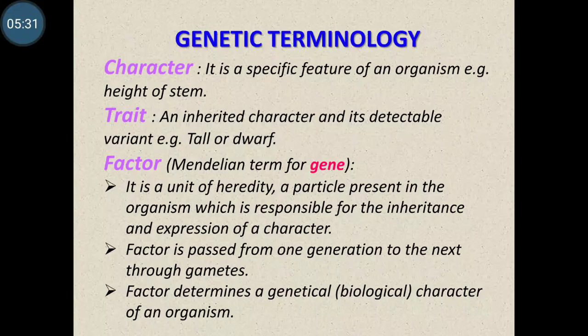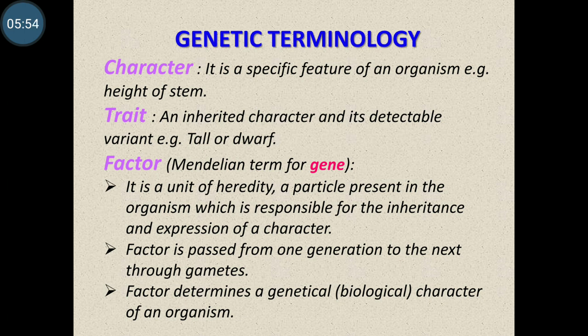Now, here are some terms which we are going to use throughout the lesson. The first one, character. It is a specific feature of an organism, for example, height of stem. Trait, an inherited character and its detectable variant, for example, tall or dwarf.